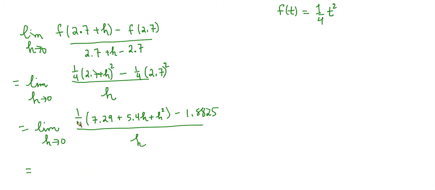Where I'm going to distribute this 1/4 here. So 1/4 times 7.29 is 1.8225. Excuse me, I need to fix this. It's not 1.8825, it's 1.8225.